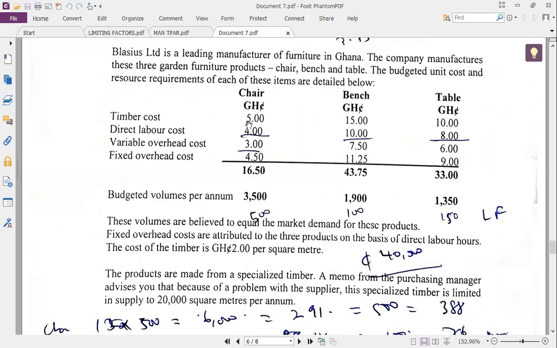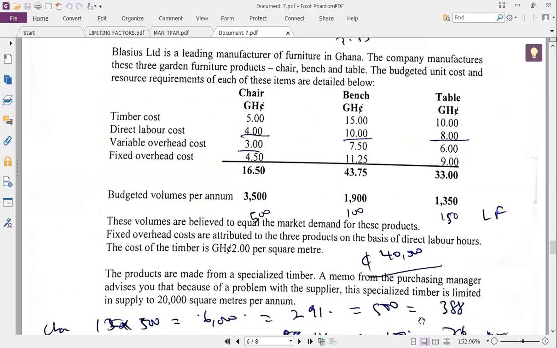So take note. This is the exact case in one of the drops, I think the recent one, either drop 2 or drop 3, the same thing was stated. The resource requirement wasn't given, but instead we give you the cost so that you get the number of square meters that we are looking for. Good. So take notes.